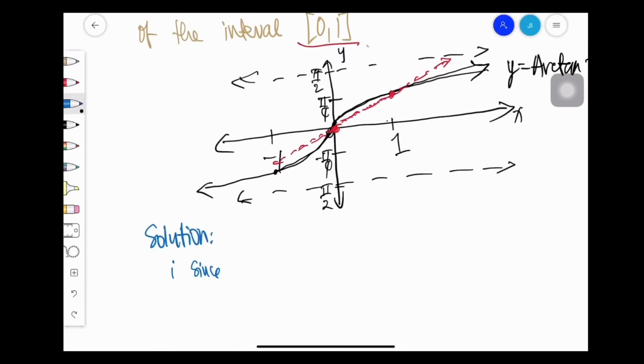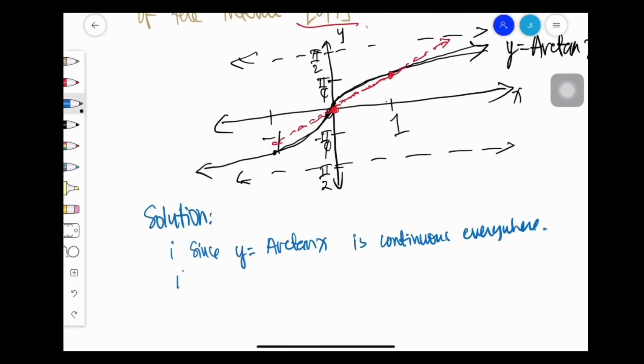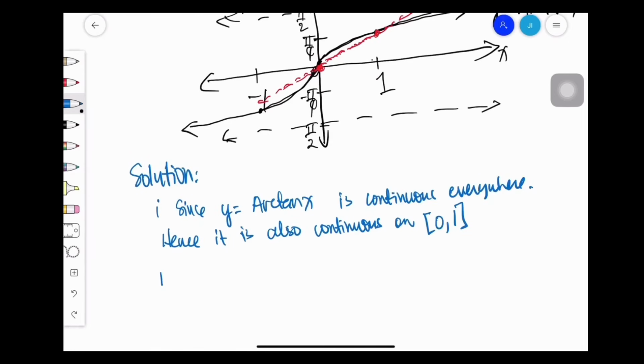Okay, we know that the inverse trigo function arctangent x is continuous everywhere. Hence, it is also continuous over 0 to 1. Another one is arctan is differentiable everywhere as well.